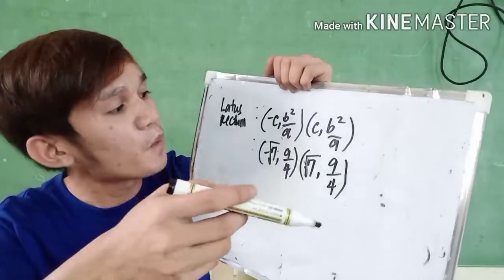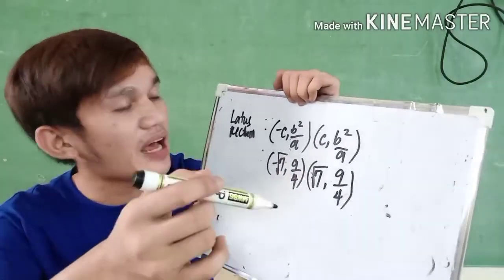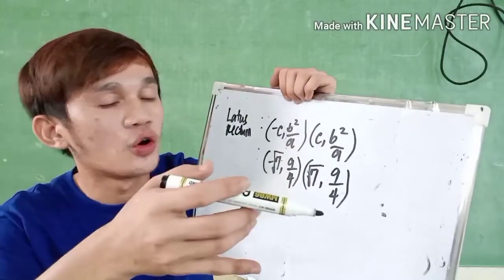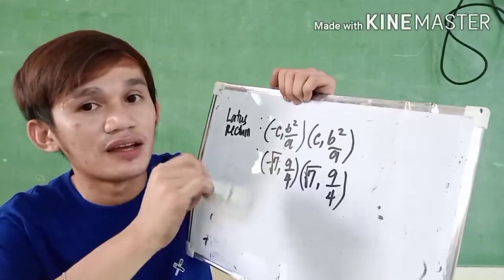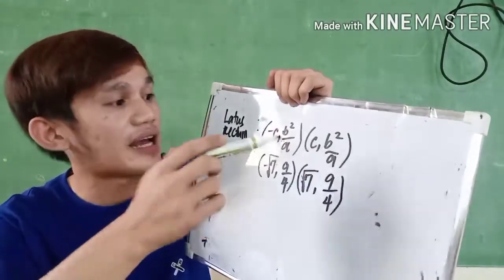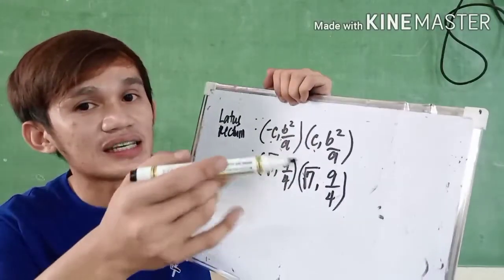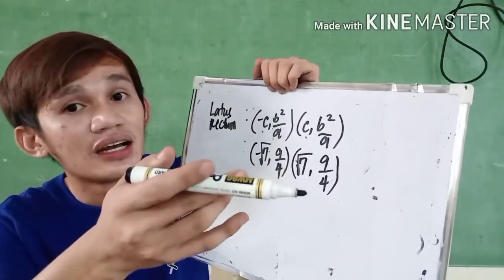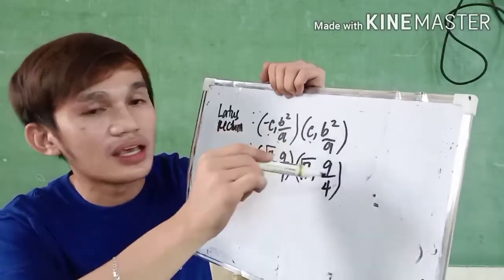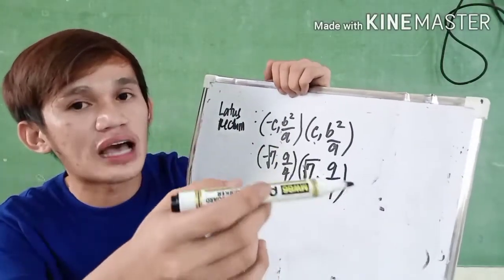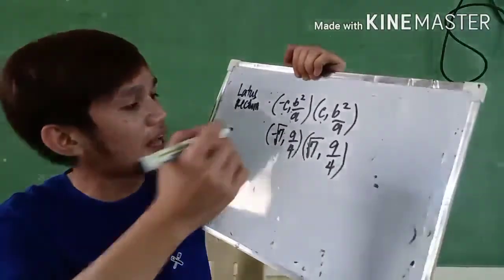So, basta tandaan po, kung nasaan si A dun sa given natin, yun yung basehan ninyo kung saan ninyo ilalagay si C and si negative C. Dahil si A ay nasa X, so si C ito. Doon sa kanina, si A ay nandun sa Y square, kaya ang ating C ay nandito sa may ordinate, or dun sa ating Y coordinate.